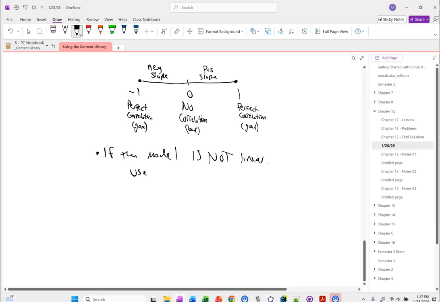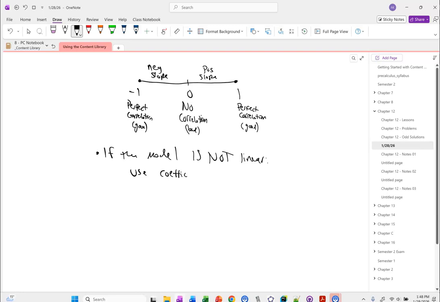Then we're going to use what's called a coefficient of determination. We abbreviate that as R squared.